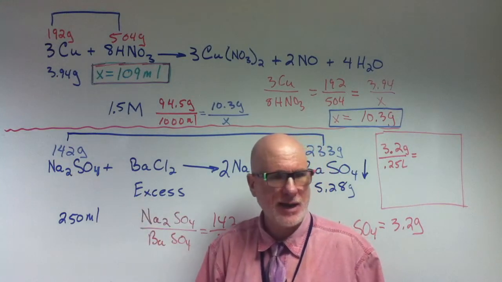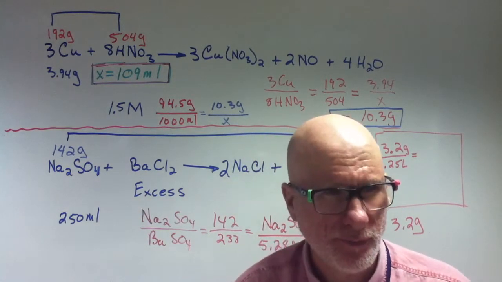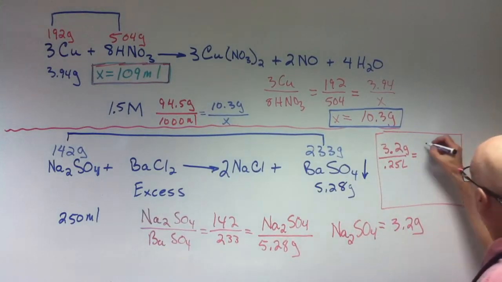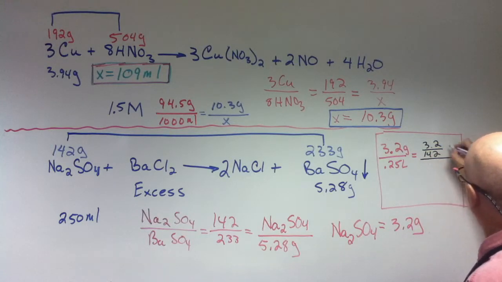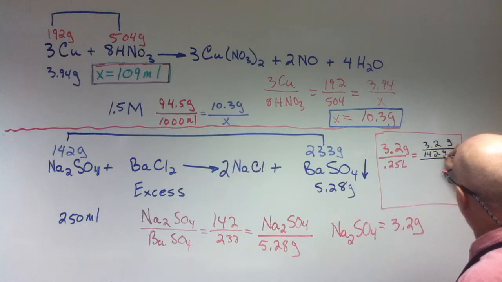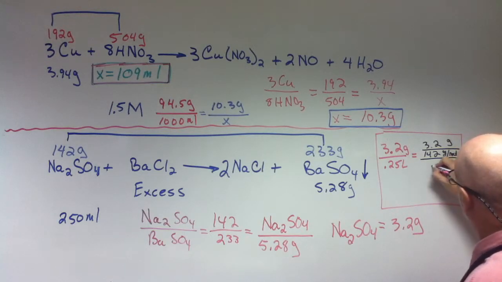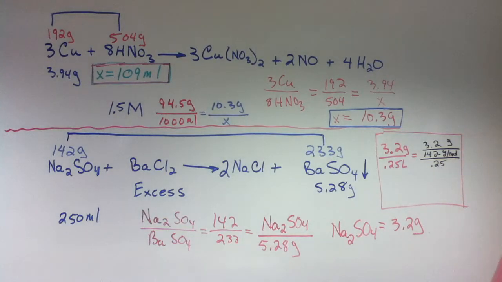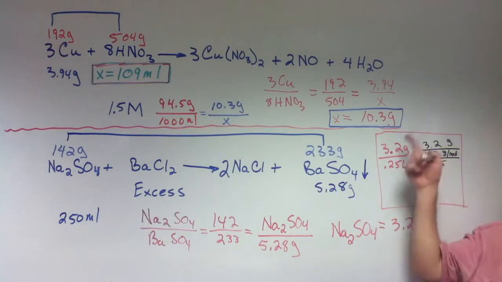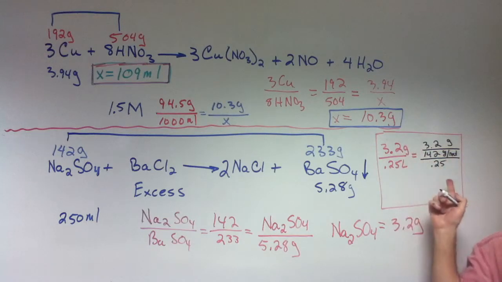Isn't that correct? Alex, you with me on that? Are you sure? Cool. So 3.2 over 142, that's grams. That's gram molecular weight, and that's 0.25. Now, so that should be the molarity, correct? Yes or no? Should be.